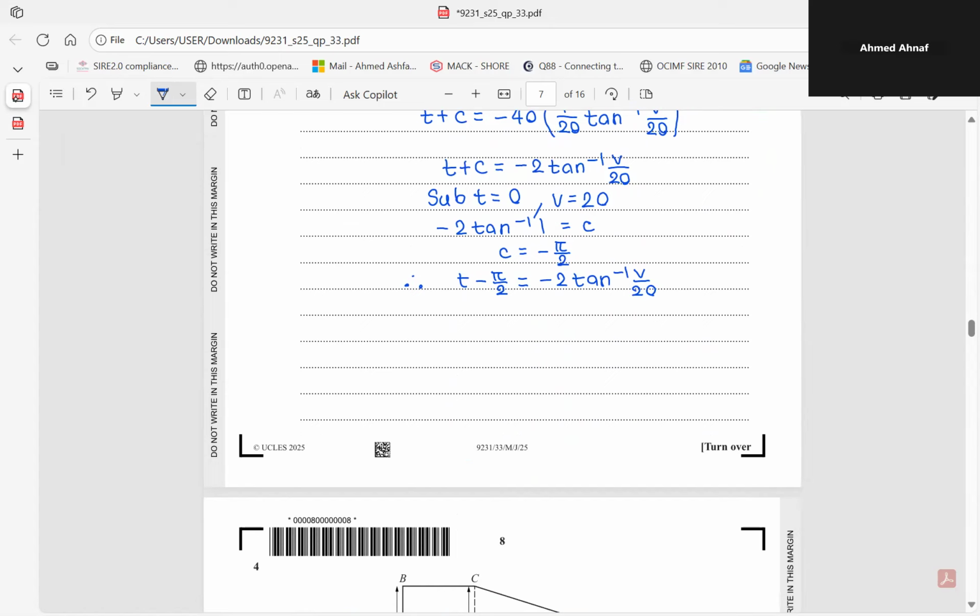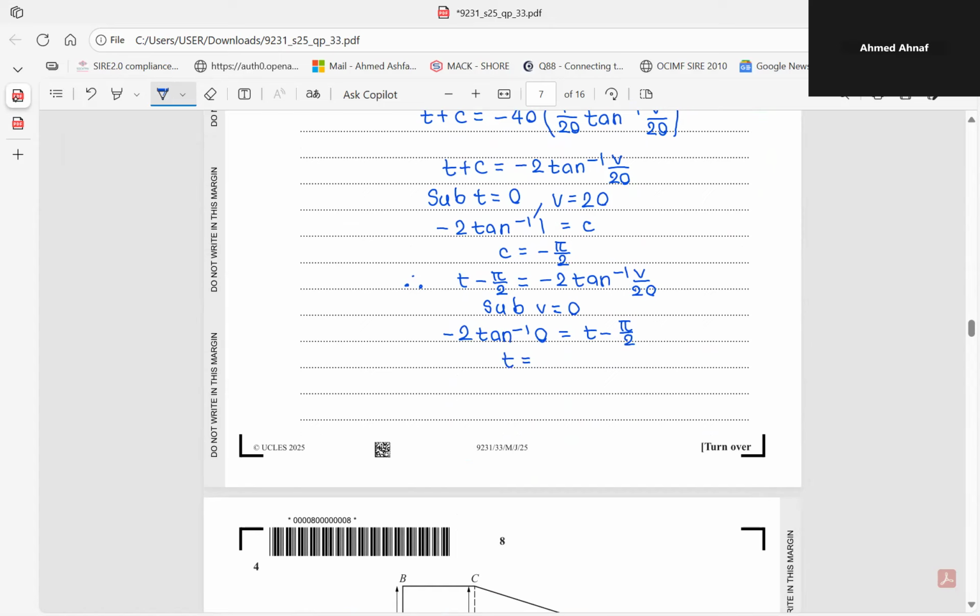Okay, and now we're going to sub v equals 0 because that's the speed of the ball when it reaches its maximum height. So you get minus 2 tangent inverse 0 divided by 20. So you just get 0 equals t minus pi over 2.